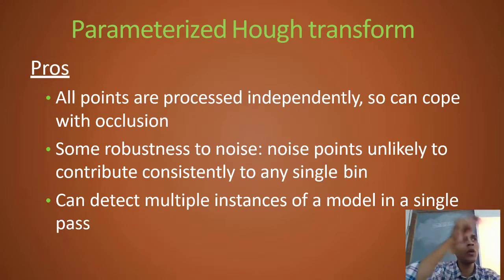Whereas outliers or other things would vote for some random lines. So the actual good line which would fit those edge points would get the maximum vote. That was the basic idea of the voting principle underlying the Hough transform method.